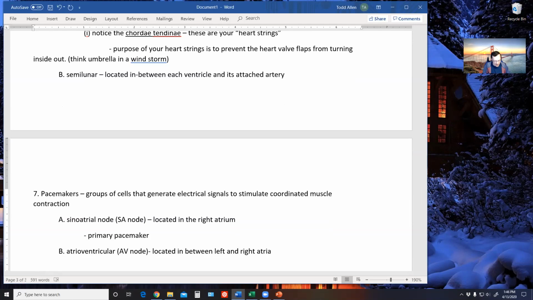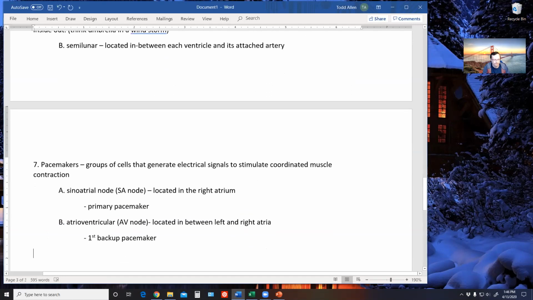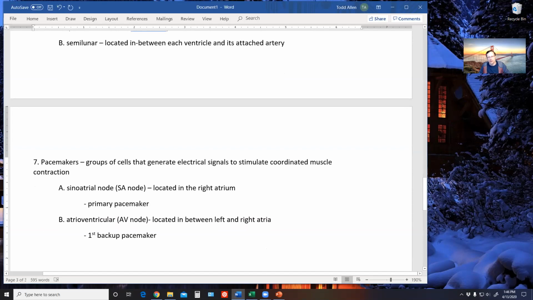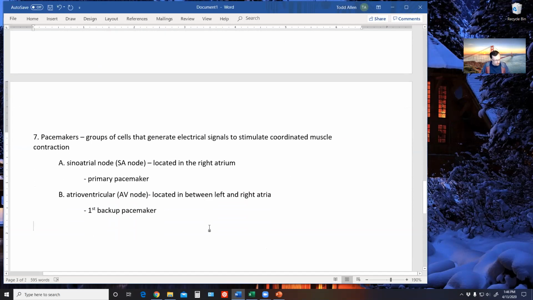And this is the first backup pacemaker. So if something's dysfunctional with the sinoatrial node, the atrioventricular node will try its best to pick up the slack. At least it can pick up the slack long enough to keep you alive till you can get some medical attention.